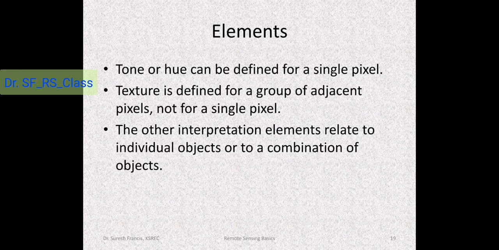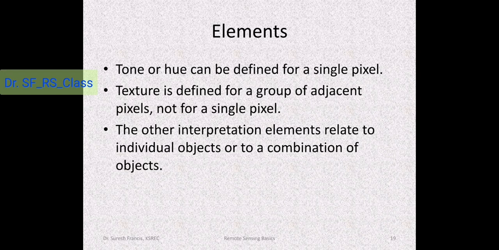So we can see here, as I've told earlier, the tone and hue can be defined for a single pixel. Pixel-wise, we will be able to identify and define tone or hue. Whereas texture can be defined only with a group of pixels, adjacent pixels, such as coarse, fine, granular.